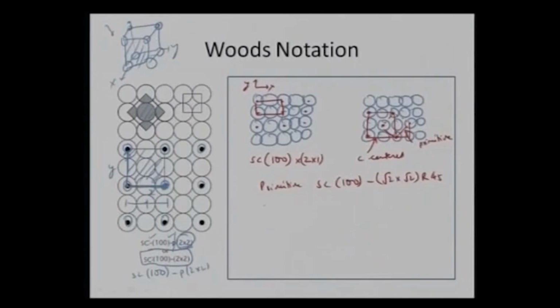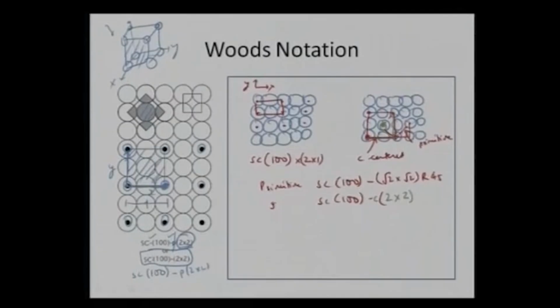Or I can also define it as a non-primitive simple cubic 100 substrate surface. Now what I am doing, I am traversing from here to here, and then from here to here, it is more like the previous case. So I am traversing 2 by 2, but now this particular species has one more adsorbate at the center, so I make it C centered.